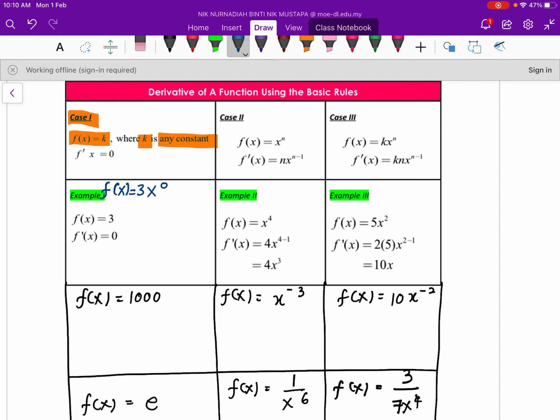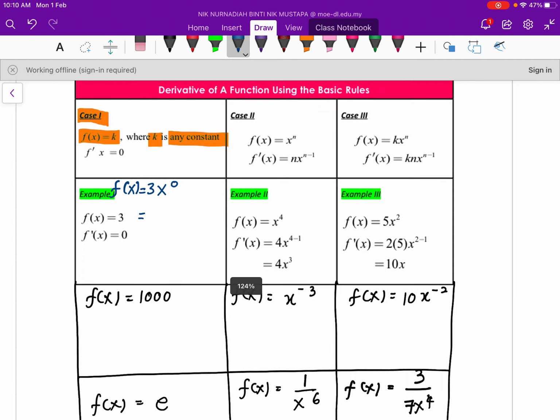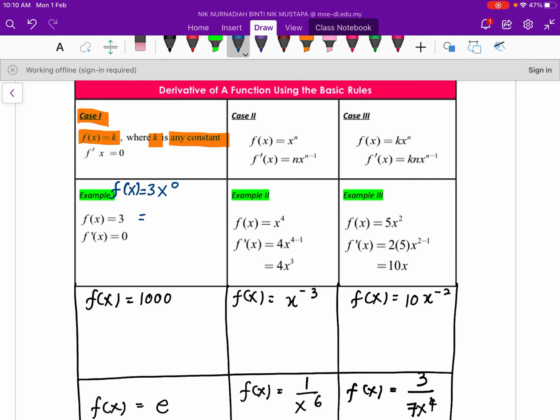So that's why the step is bring down power, reduce power. That's the step for differentiation. Untuk the very basic one, bring down power, and then the second one is reduce power.